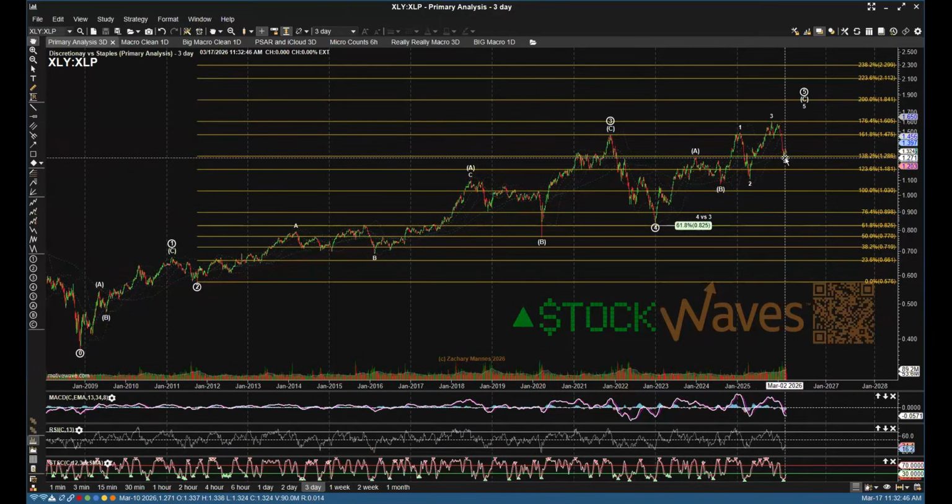where the consolidation that we just had into the recent March low fits perfectly as a fourth wave in an ending diagonal. So not a lot of consolidation here for the B waves inside these wave one and wave three. As you guys know, the big difference between a diagonal and an impulsive structure is that in a diagonal, all of the subwaves, including waves one, three, and five, are ABC moves.